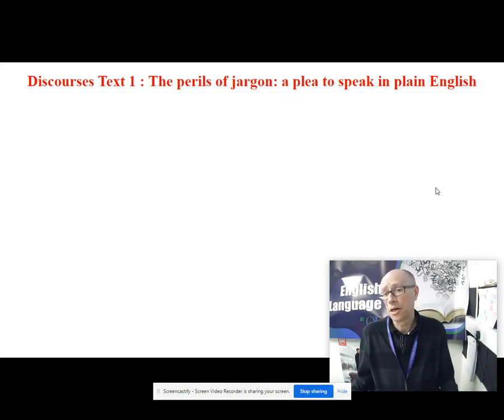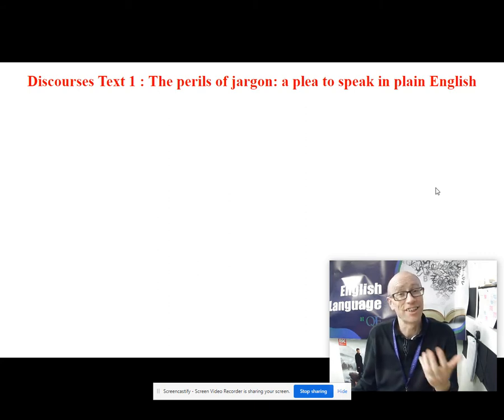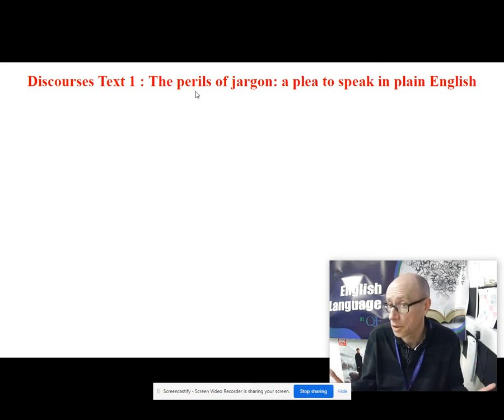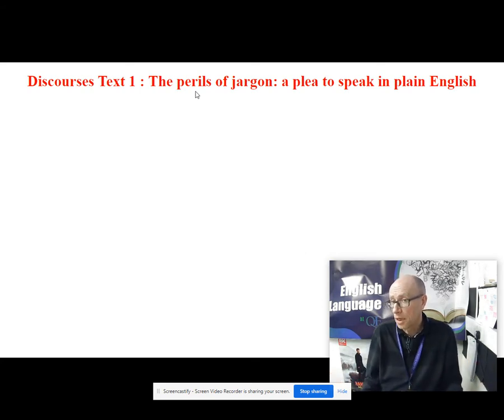The perils of jargon, a plea to speak in plain English. Okay, so it's an interesting headline, isn't it? And we've got these extreme hyperbolic terms being used. Perils, meaning dangers or risks. So that's quite an interesting use of language. We've also got consonants, because we've got the repetition of the plosive p and l labial sounds.